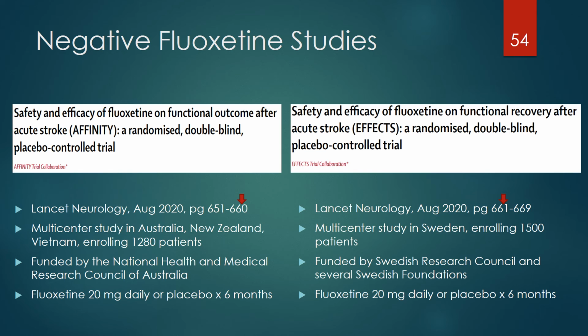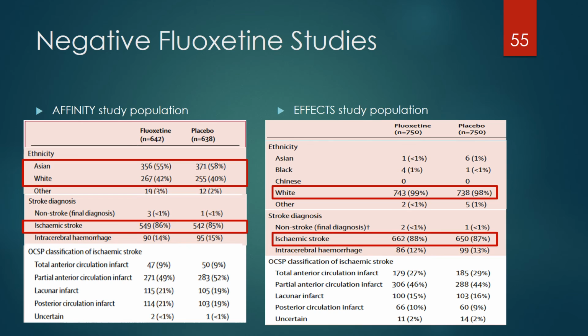As far as funding, they were both funded by national services, so the National Health and Medical Research Council in Australia, and then the Swedish Research Council and several Swedish foundations funded the one in Sweden. Both of them looked at fluoxetine 20 milligrams daily compared to placebo, and they followed them for 6 months.